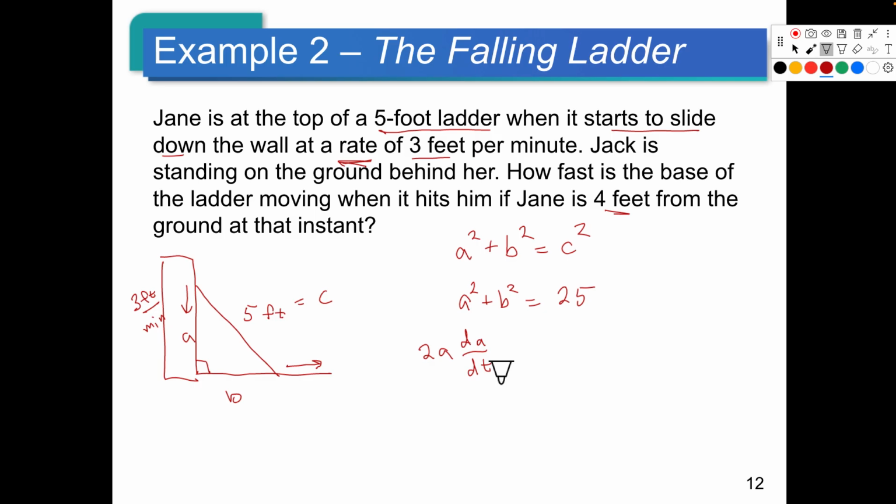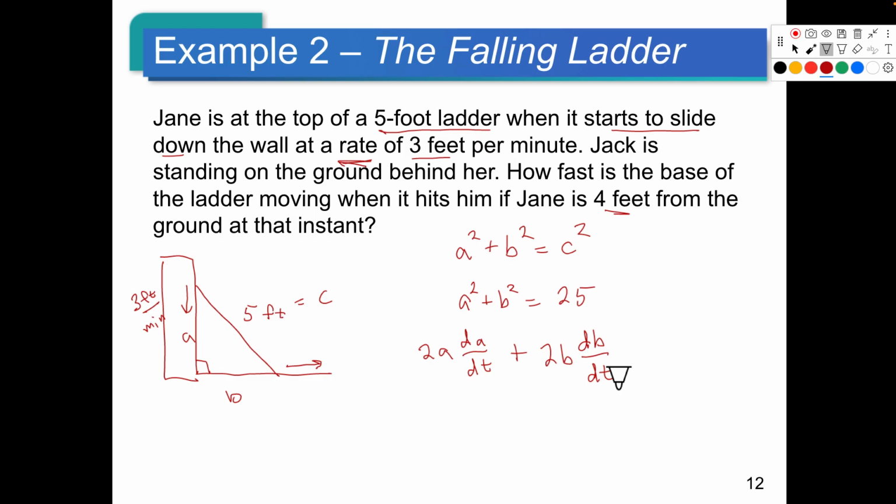We have to have that marker there, and we're going to see that becomes pretty important. And then you're right, b squared, we take its derivative, it's going to be 2b. So the 2 comes down, subtract 1, so it's 2b to the first power. But there's also the marker dB dt. So that's how b is changing with time.